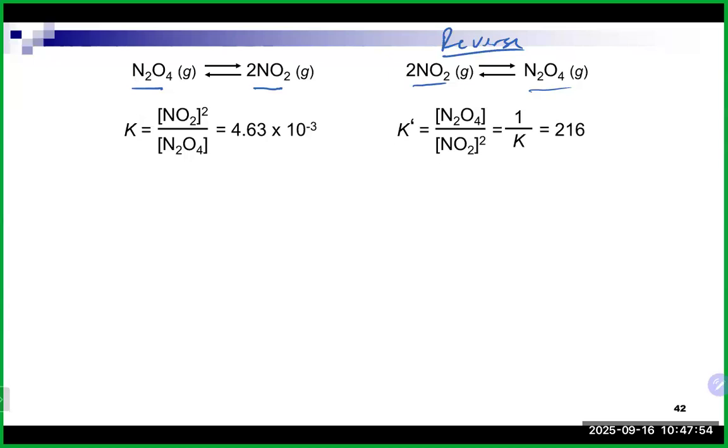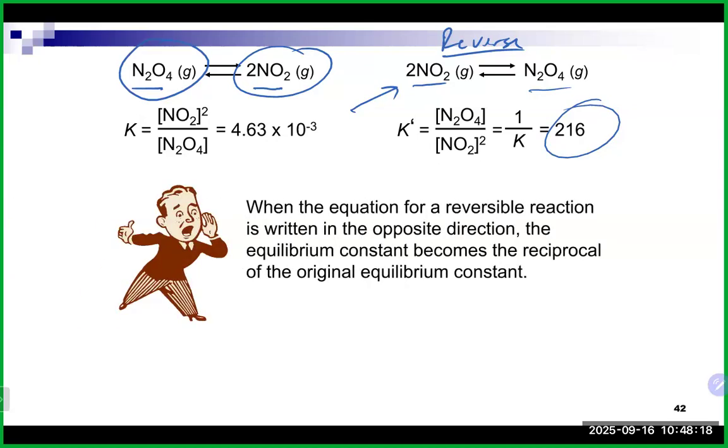So if I said my equilibrium constant was 4.63 times 10 to the minus 3, that would be specifically for my N2O4 as a reactant and this as my product. If I'm talking about this reaction here, that would be the K value for it. So when you see K values, it's specific for how the reaction is written, who's the reactants, who's the products, and so forth. Any questions on that there?